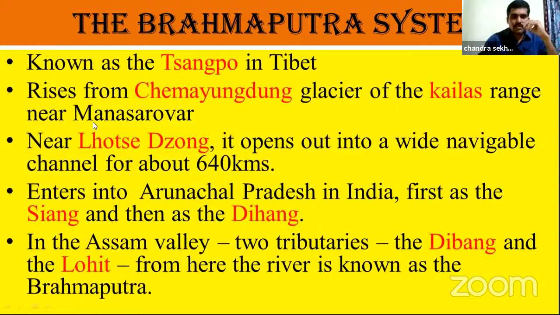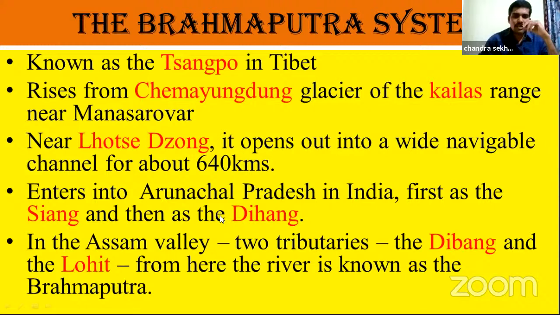The Brahmaputra river flows through China and enters India through Arunachal Pradesh, a northeastern state, first as the Siang. When the Brahmaputra river enters Arunachal Pradesh, it is called the Siang river, and then it is named Dihang.